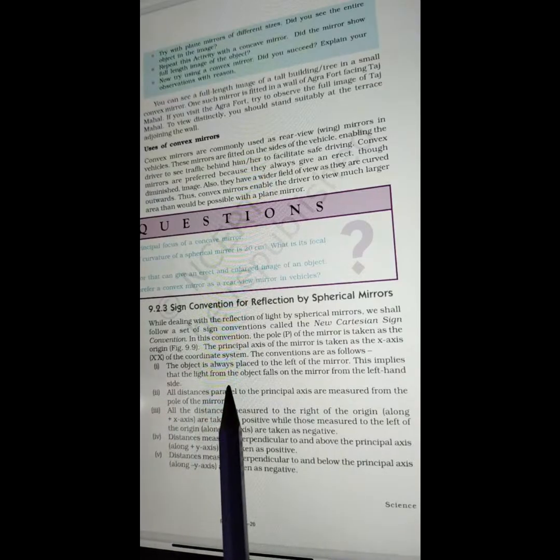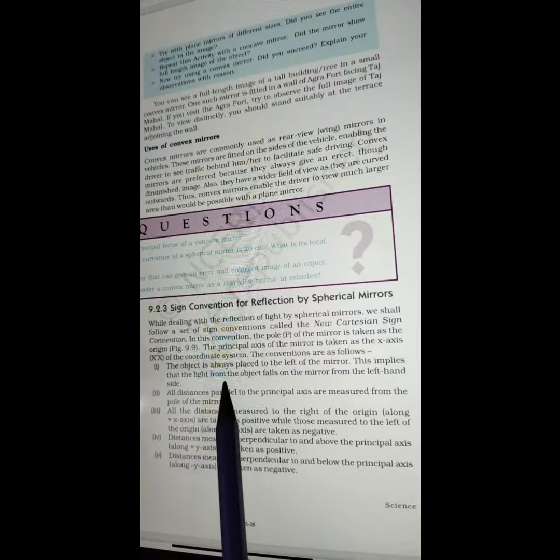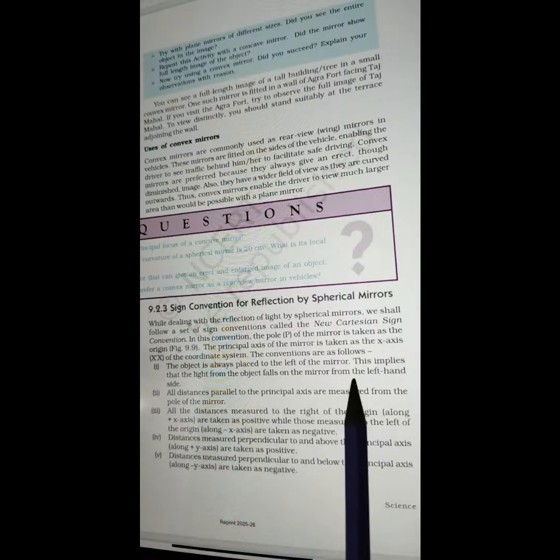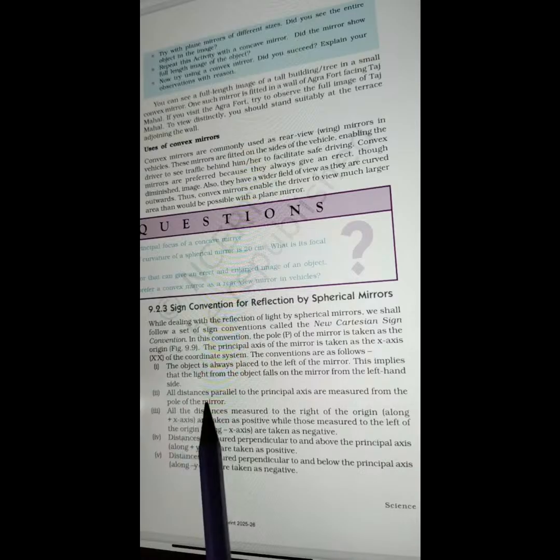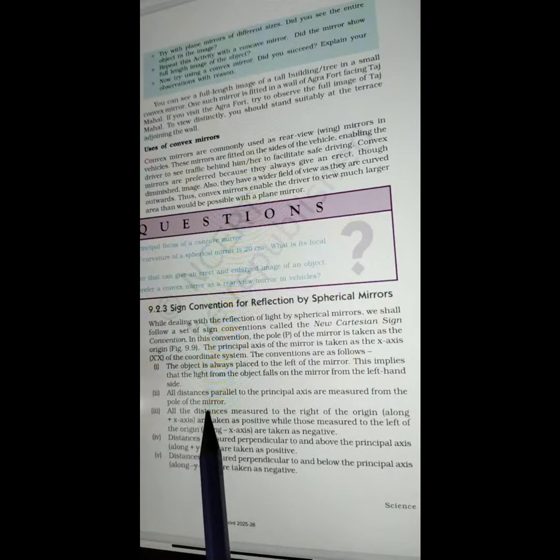The object is always placed to the left of the mirror. This implies that the light from the object falls on the mirror from the left hand side. All distances parallel to the principal axis are measured from the pole of the mirror.